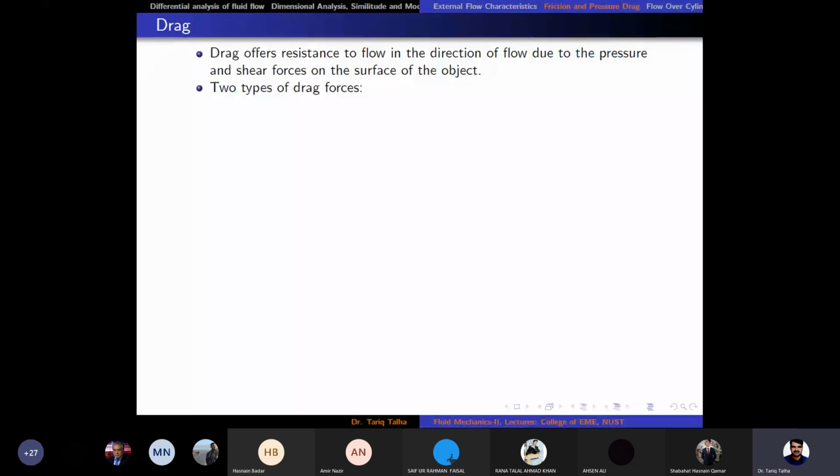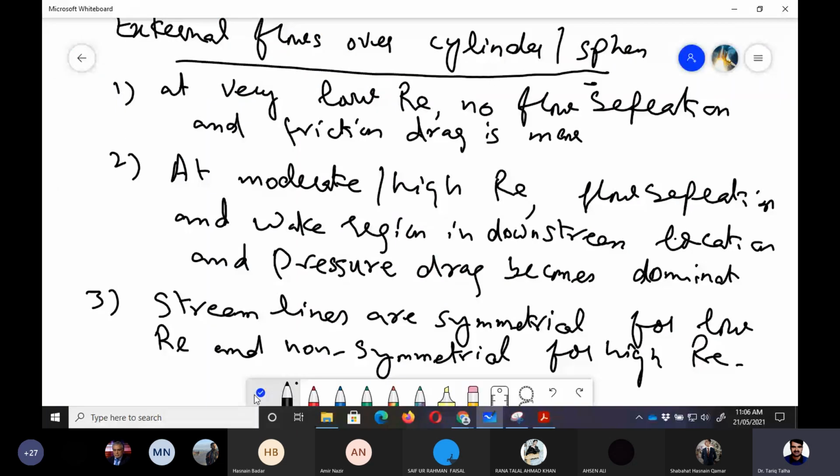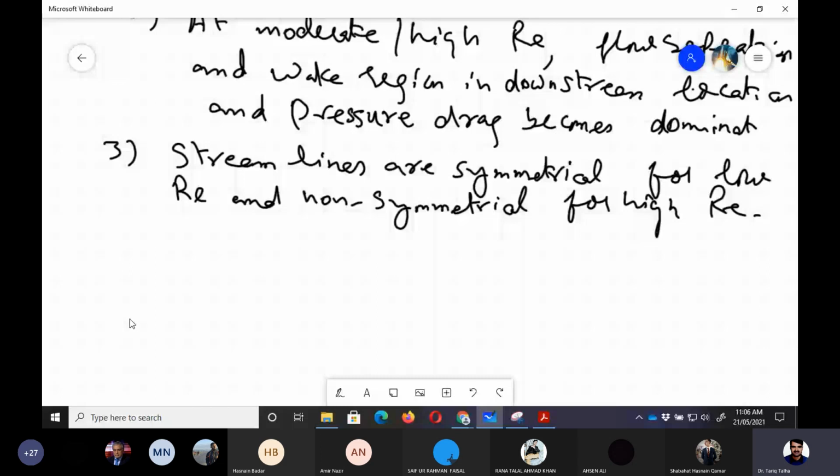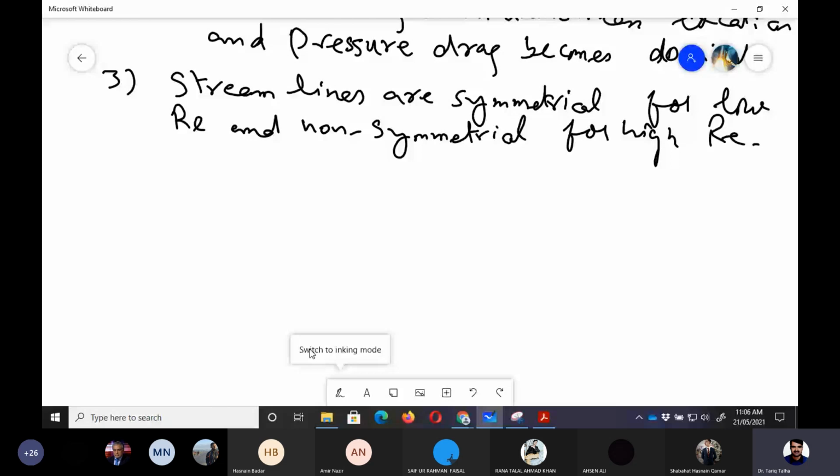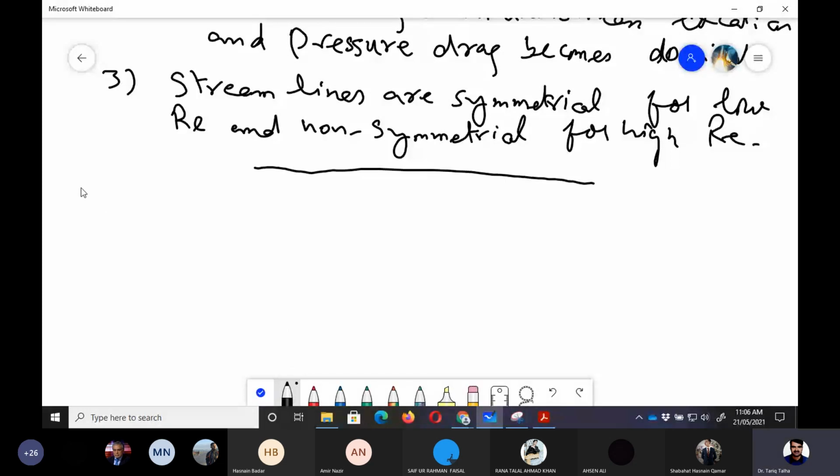Right. So there are two types of drag forces, as we mentioned in the previous lecture as well. What are those two types? As we discussed in the last class, let me write it here. One is friction drag, and we also call it skin friction drag, because it happens on the surface of the body.